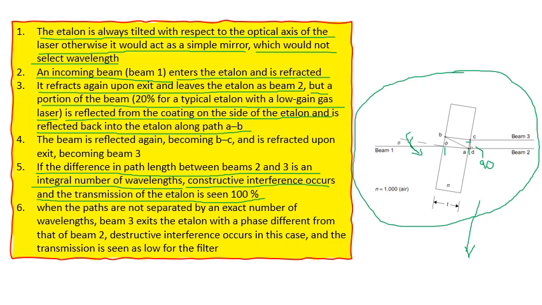Okay. So we design in this way the spacing that you have a constructive interference. And in this way, the transmission of this etalon is 100%. So whatever the constructive interference, जिस wavelength पे constructive होता है वो हम we can get the output.